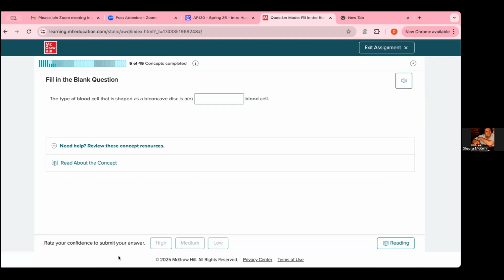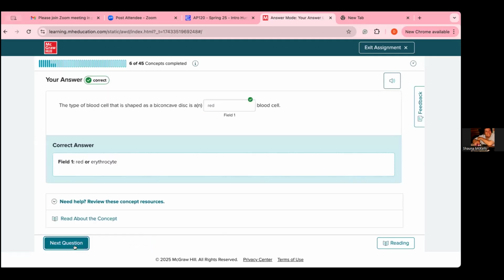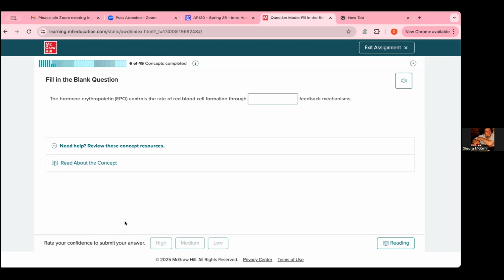The type of blood cell that is shaped as a biconcave disc is a red blood cell. We've been looking at the picture so many times. It's a red blood cell. The hormone erythropoietin controls the rate of red blood cell formation through blank feedback mechanisms. Don't know.